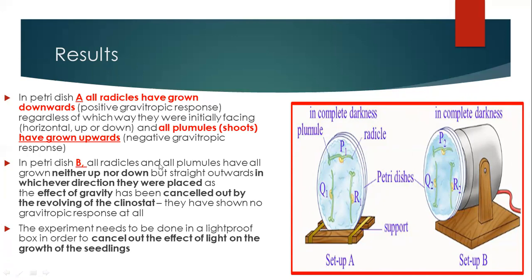So in petri dish B, for the radicle and the plumule, the presence of the clinostat here will eliminate the effect of gravity. So the plant will be deceived. All seeds, radicles, and plumules will move straight, according to their original situation, either straight upward or downward, or straight horizontally, and so on.